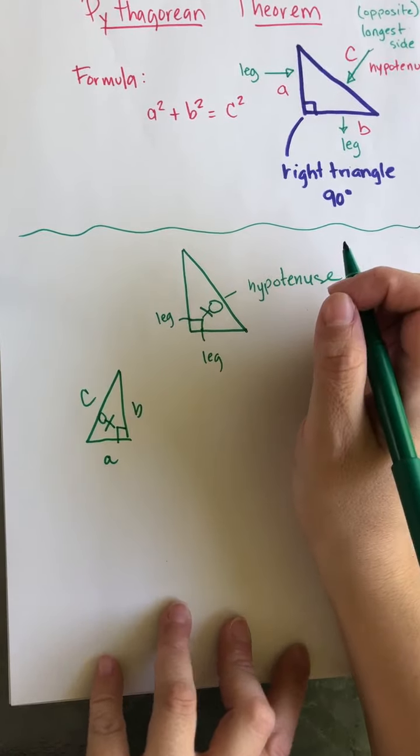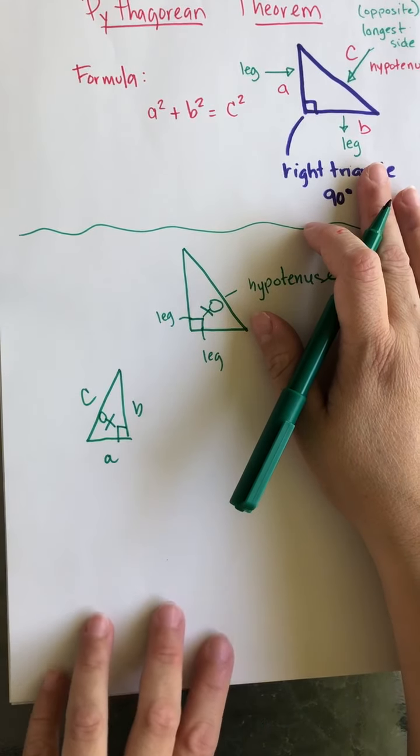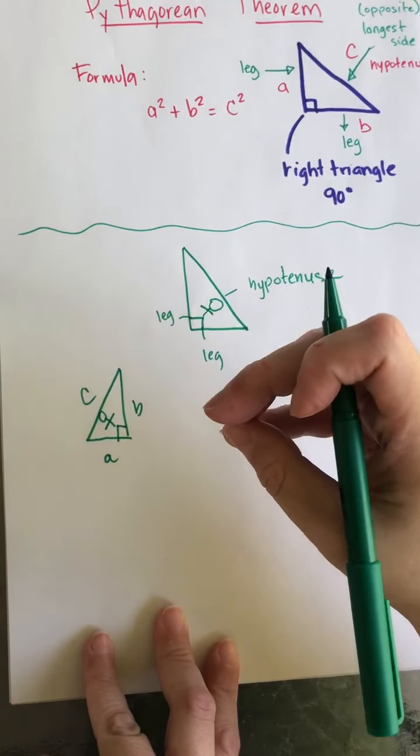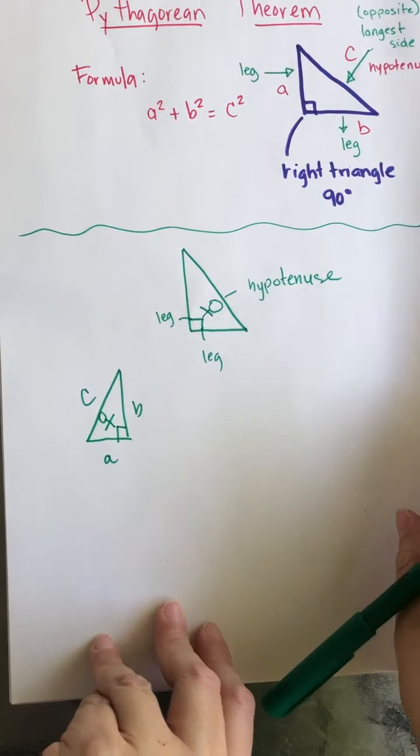Okay. Now, knowing this information, we're going to take the formula and the triangle, mesh it together, and find the missing sides. Okay, so let me move this around.